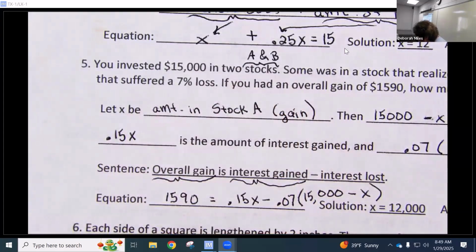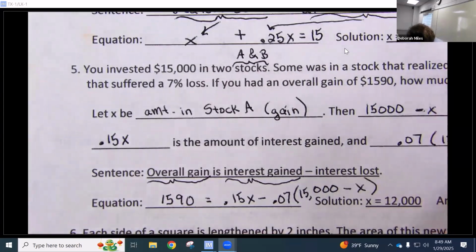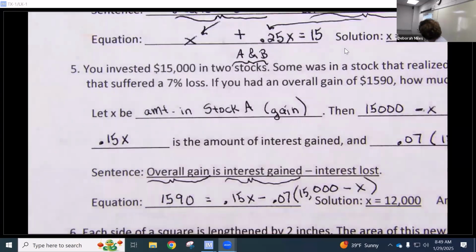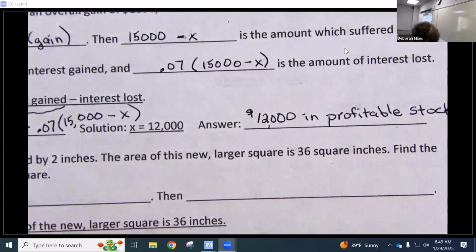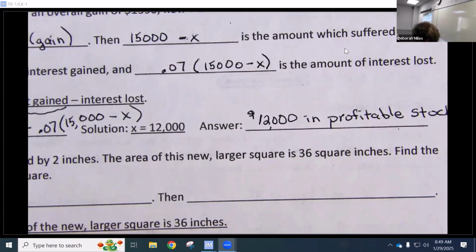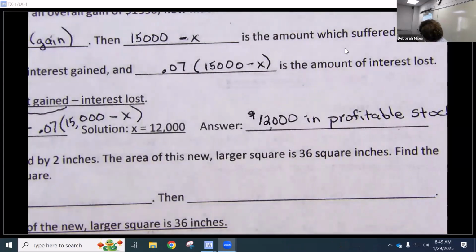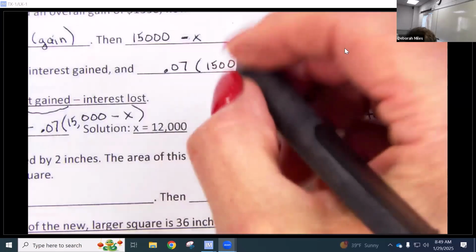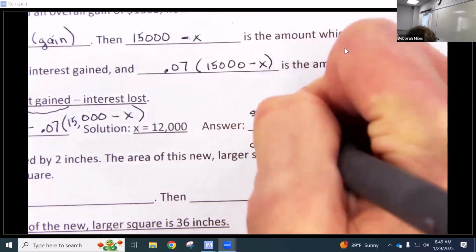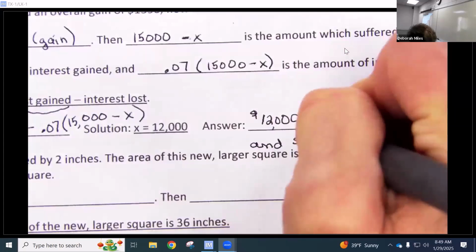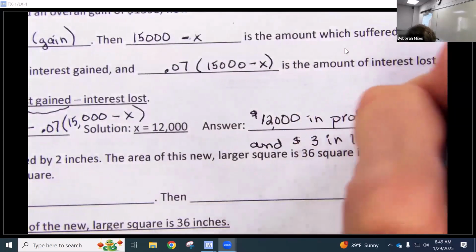So I want to answer it: $12,000 in the profitable stock, the one I gained money on, and how much in the unprofitable stock? Because they have to equal 15,000 in all. 3,000 in the losing stock.